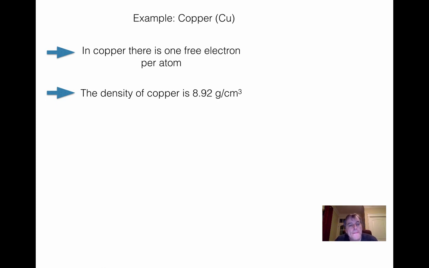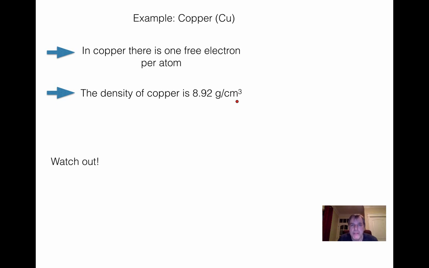Now, just a warning, there is a common mistake people make in those calculations. You have density per centimeter cube, and often you'll have to convert centimeter cube to meter cube.